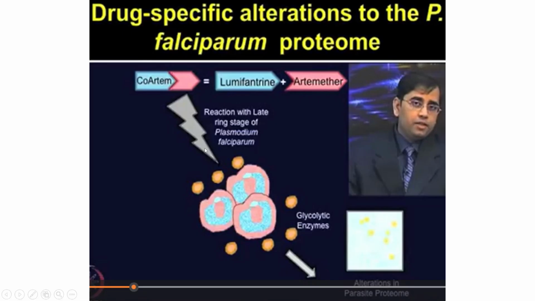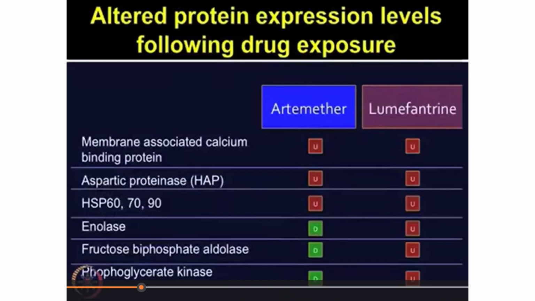So this is the mechanism: when these two drugs are given together, there is a reaction with the late ring stage of Plasmodium falciparum, and glycolytic enzymes are released out of it and inhibit the propagation of that Plasmodium.